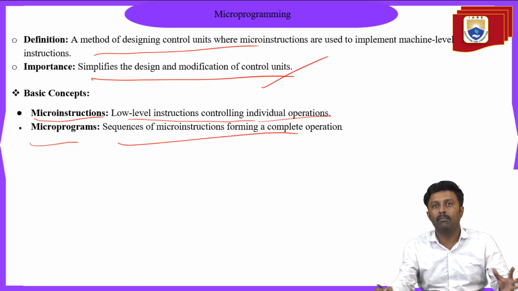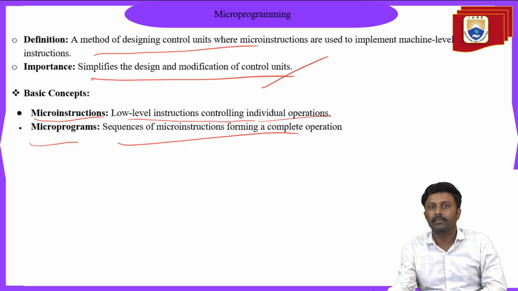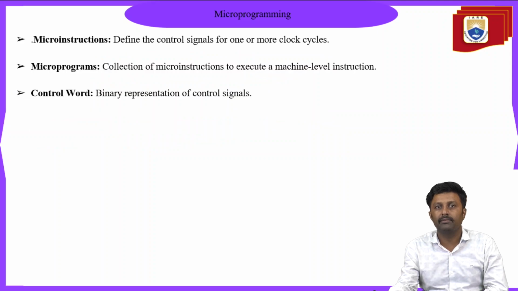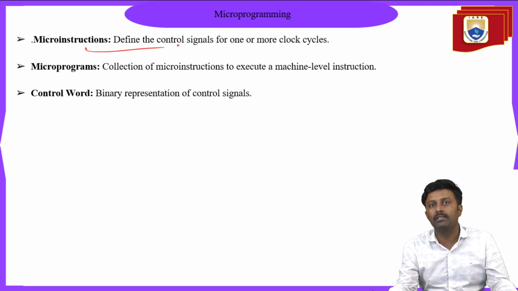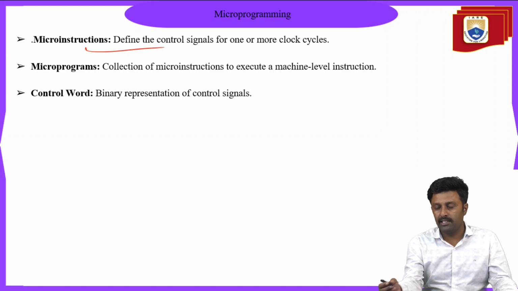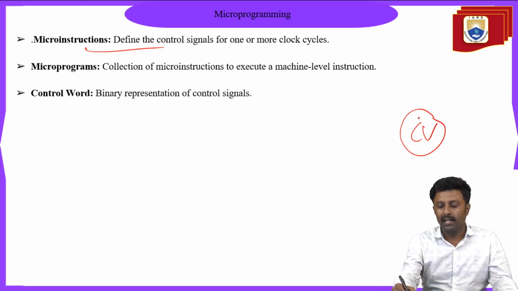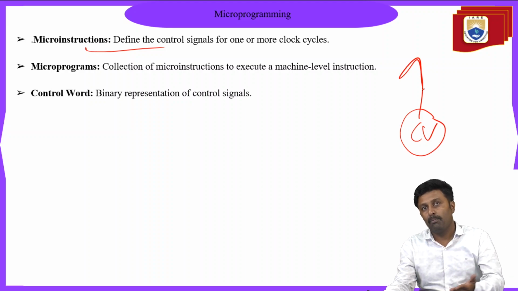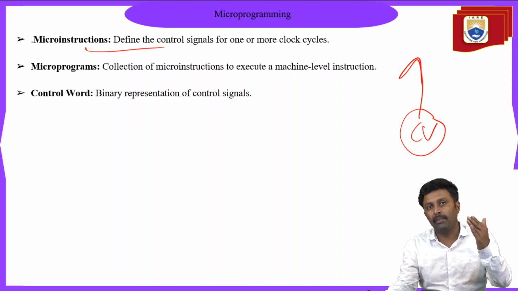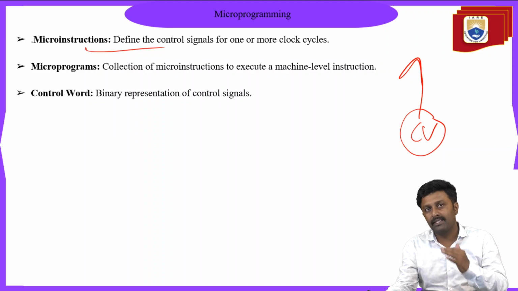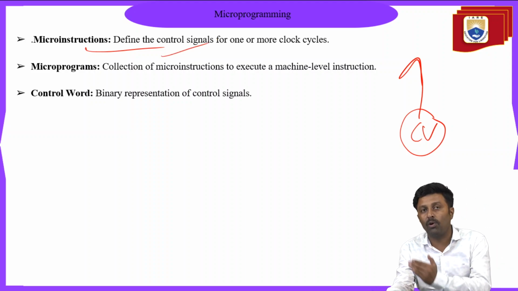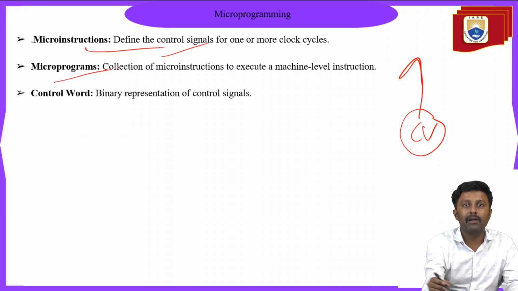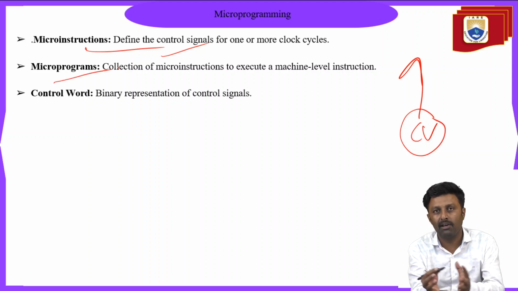In microprogramming, we write micro instructions for the design of the control unit. Micro instructions define the control signals for one or more clock cycles, since the control unit sends control signals. A microprogram is a collection of micro instructions.